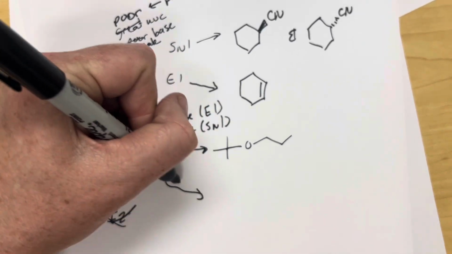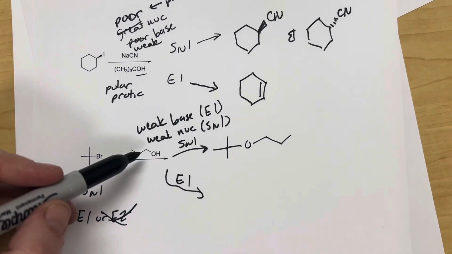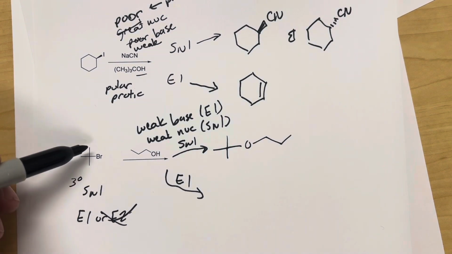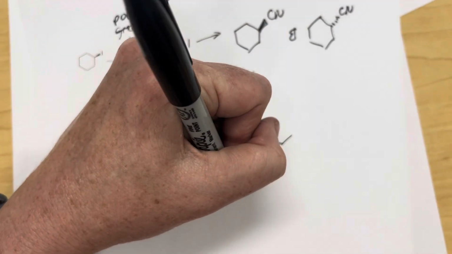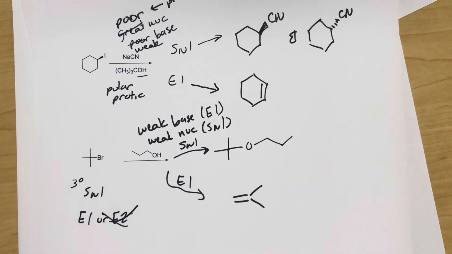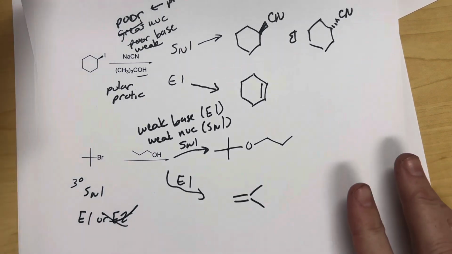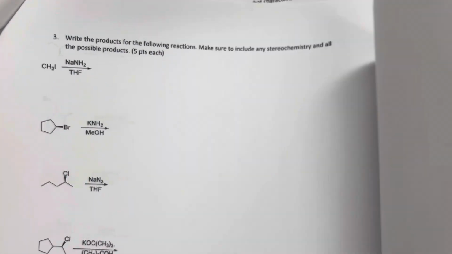And then when we do E1, remember, the leaving group's going to leave, and then it's got to take a hydrogen from one of these methyl groups. All of these methyl groups are equivalent, it doesn't matter. You'll end up with something that looks like that. All right. Moving on.